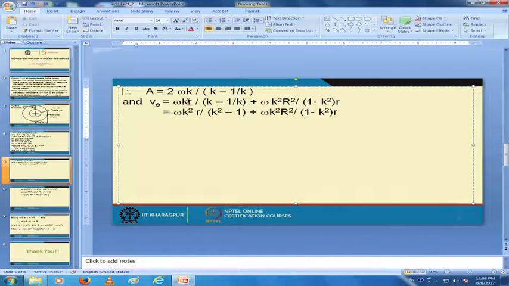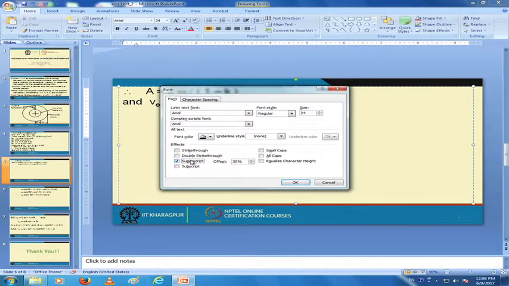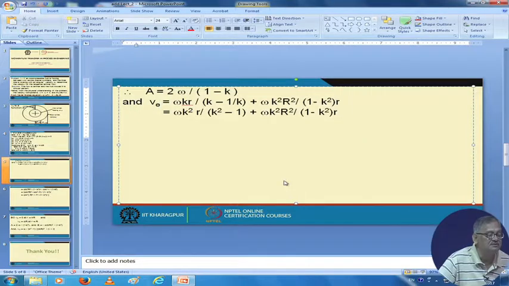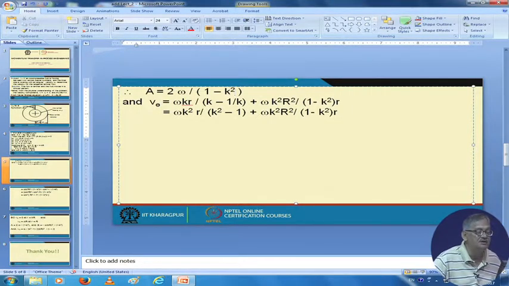A has come as 2 omega by 1 minus k square. And b is also required.